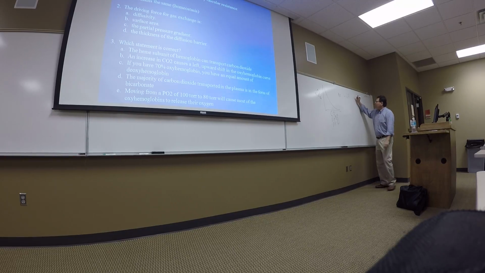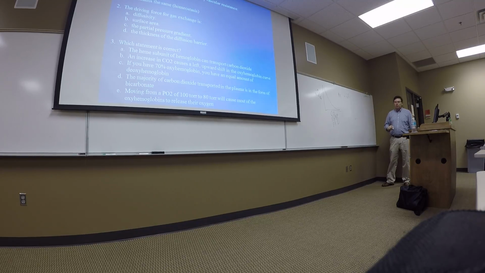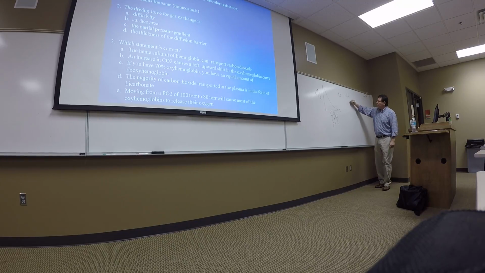So, here is the oxyhemoglobin dissociation curve, and those of you in the front won't be able to see, but this is PO2 on the bottom. Here on the left, it's percent oxyhemoglobin.